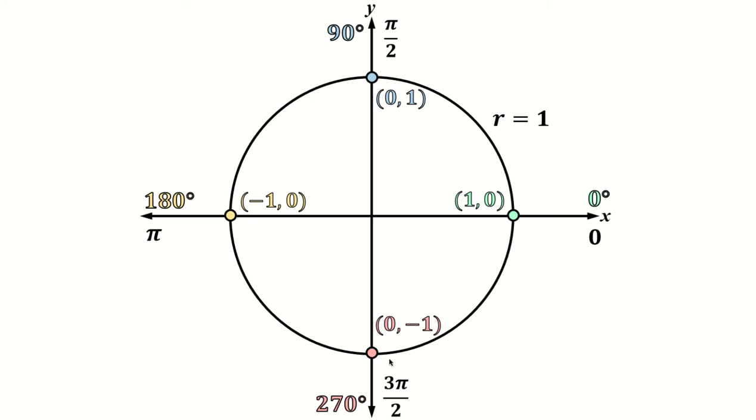Because you have all these coordinates on the unit circle, and the sine, for example, is y over r. So the sine of 270 degrees, or 3 pi over 2, would be negative 1 over 1, it's right here, y over r.